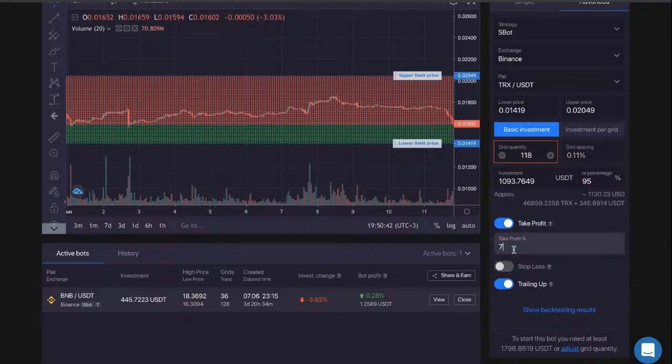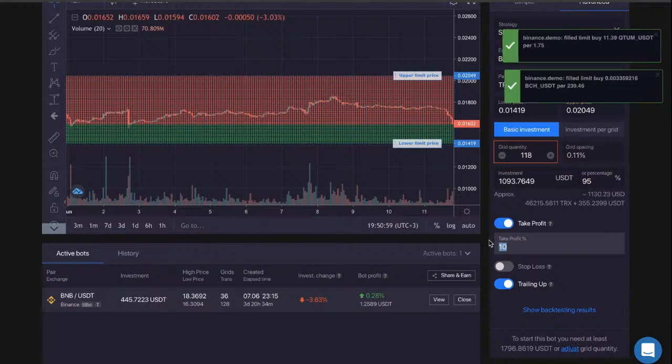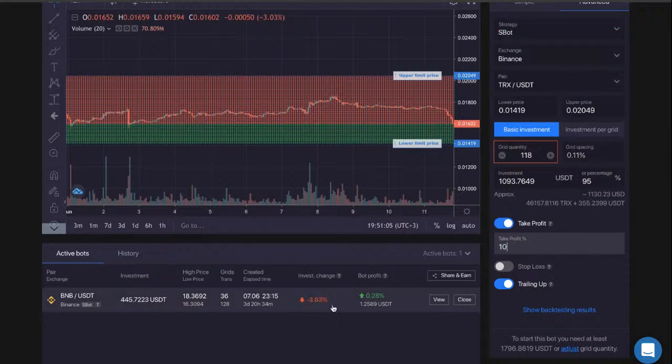Let's say you put 10%. Right now you see here I have minus 3%, but let's assume that for BNB trading to USDT, I have my take profit at 10%. That means that when I have a positive 10% here, my trading bot will automatically close this position.